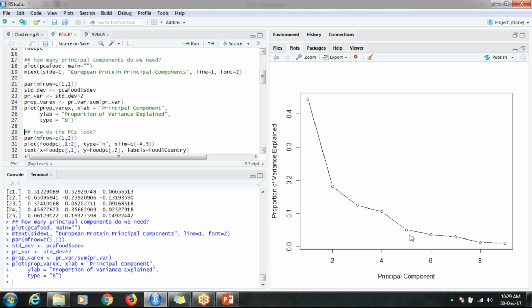Till fourth and fifth, most of the variance is covered. After this, there is very little explanation provided by these components, so these are not in much use. The first four I can take and use.